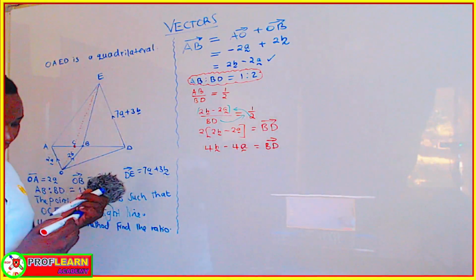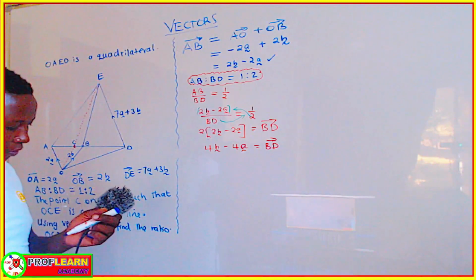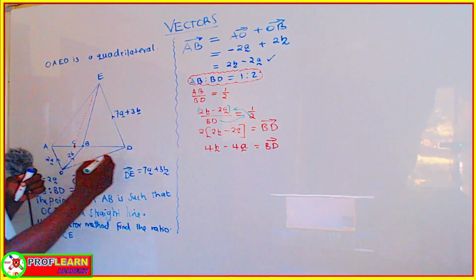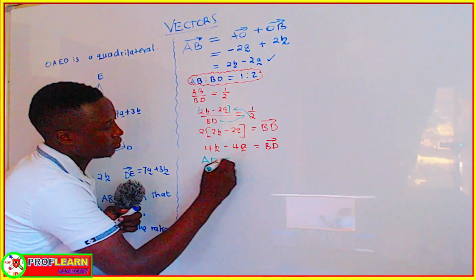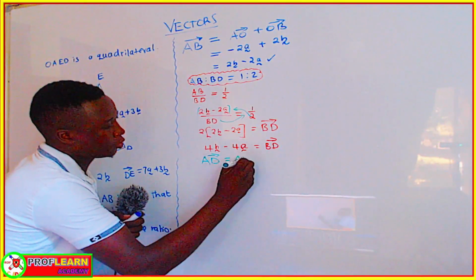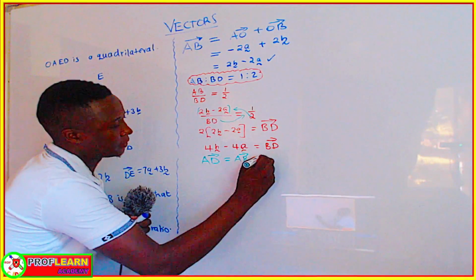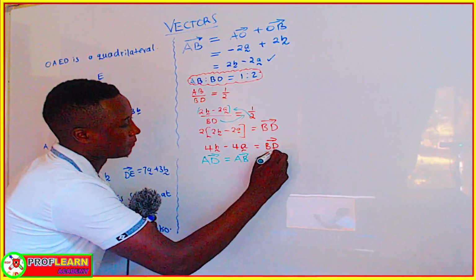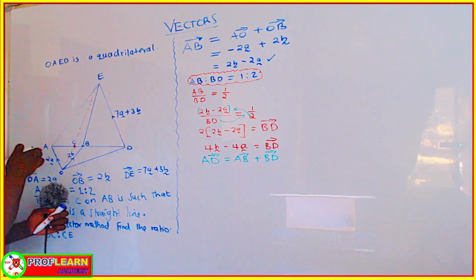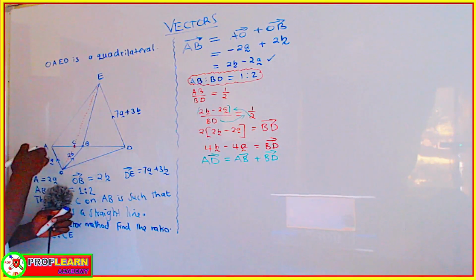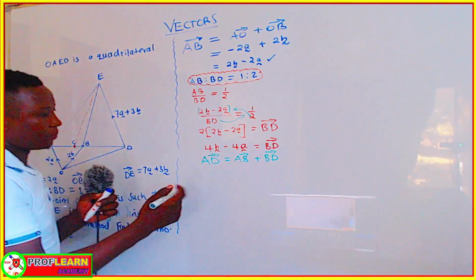So once we have our BD, I would like us to find AD. AD is going to be AB plus BD. I want us to know what is the whole length of AD. Which vector does it represent?